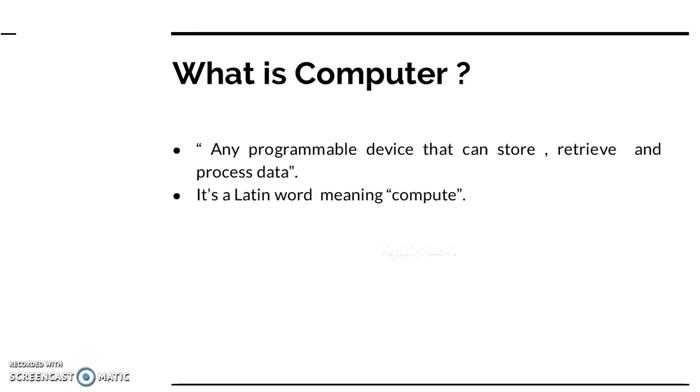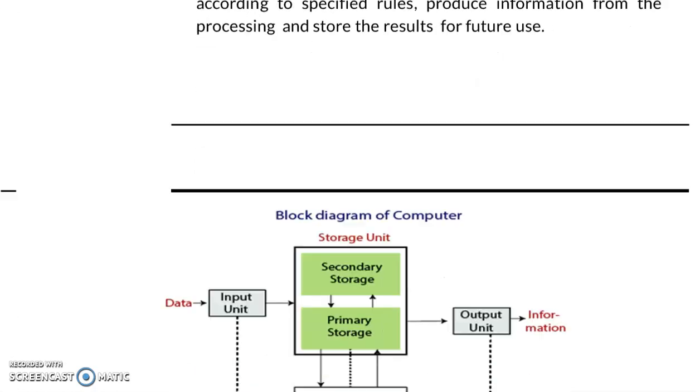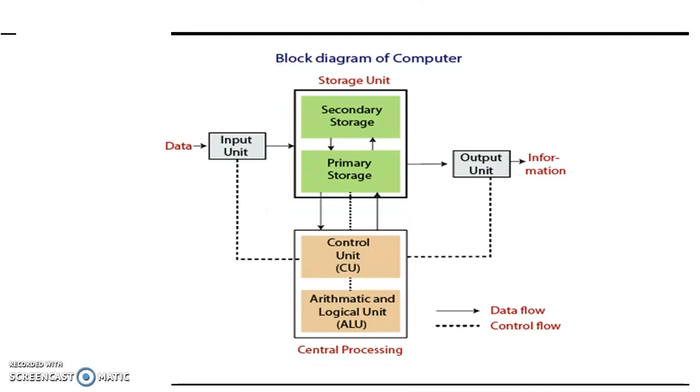It operates under the control of an instruction written in its own memory unit that can accept data, manipulate the data according to specified rules, and produce information from the processing and store the result for future use. This is a block diagram of a computer.